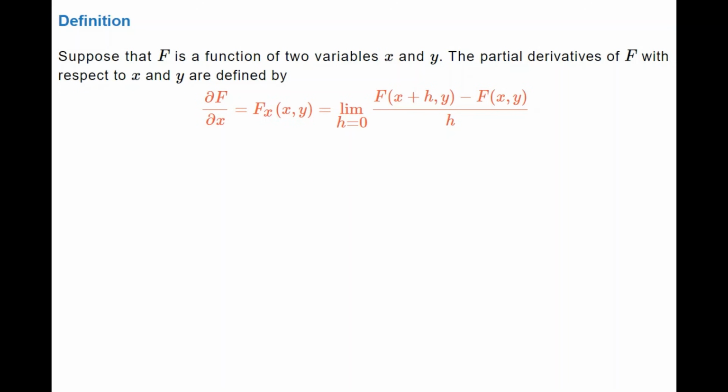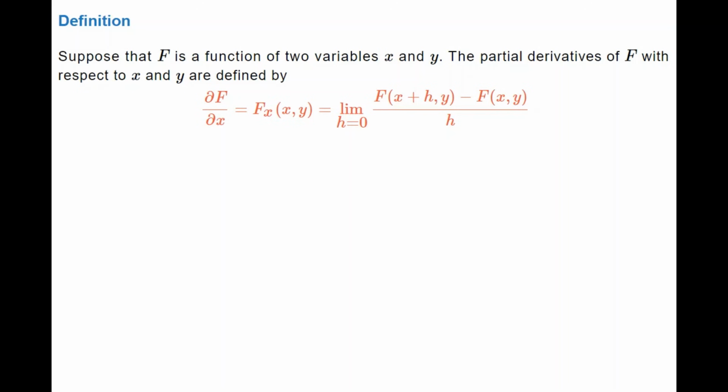The rest is the same that you have already seen in considering the derivative of a dependent function with respect to an independent variable, that we add the increment to x and then subtract the function f of xy from the function where x is replaced by x plus h.